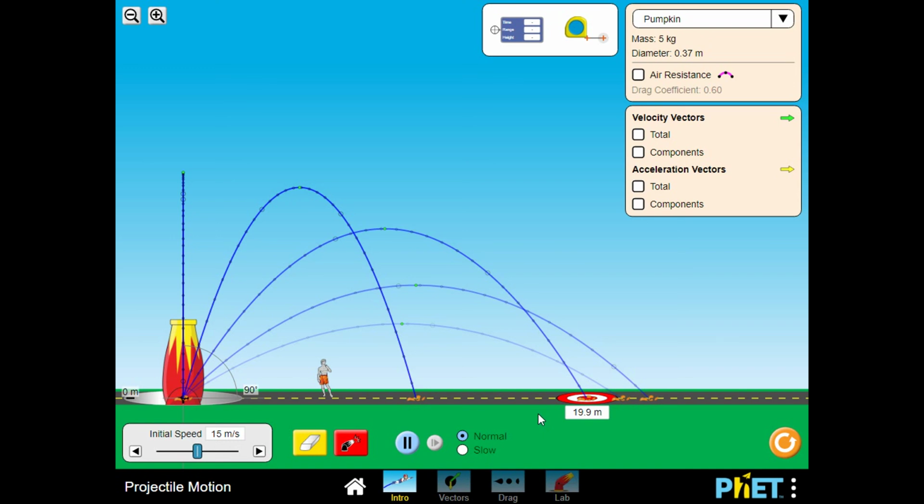So in this conclusion, at 45 degrees the maximum range occurs, that is 23.5.